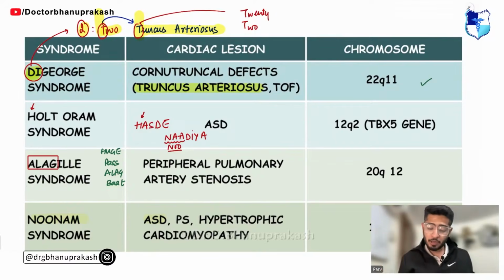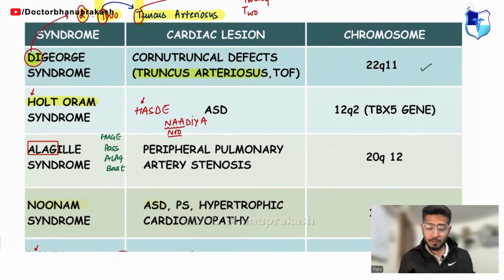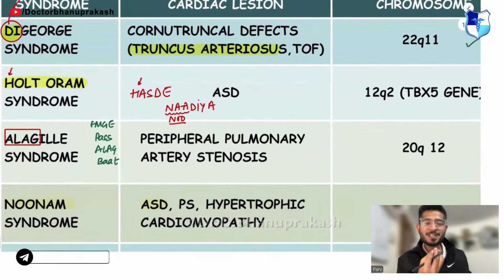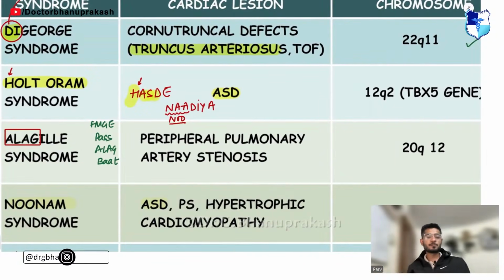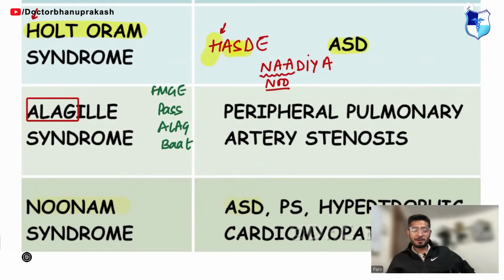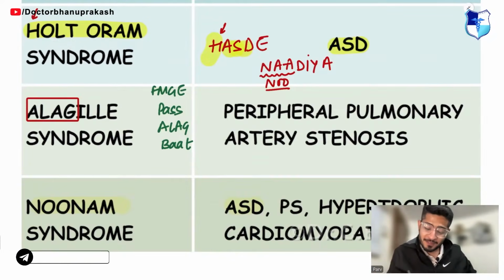Then you have got Holt-Oram. So remember Holt-Oram. H for Holt-Oram, H for Hasde. H is ASD. So Holt-Oram is going to be Hasde, ASD is going to be there.